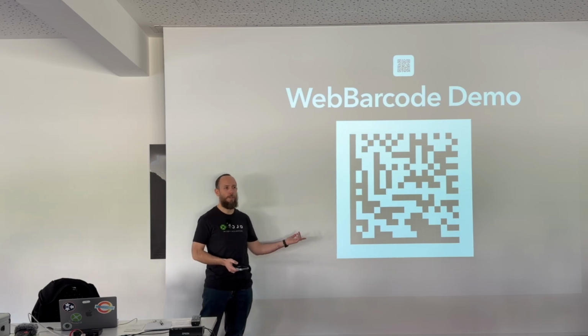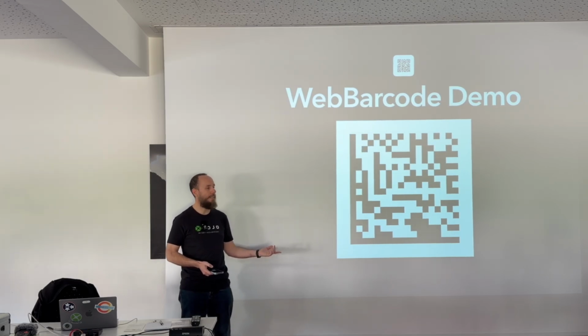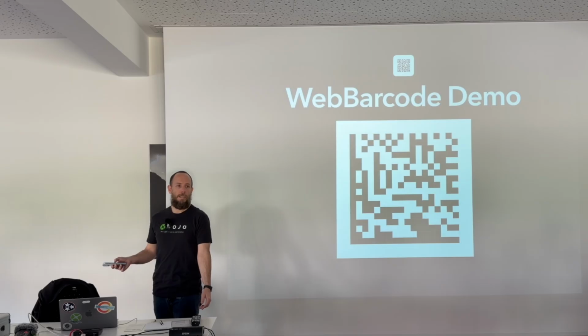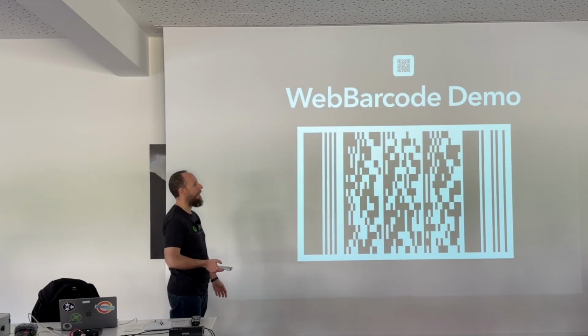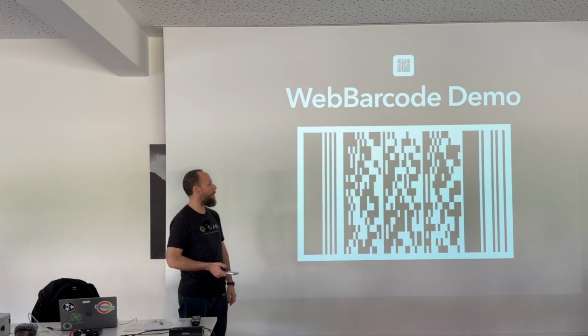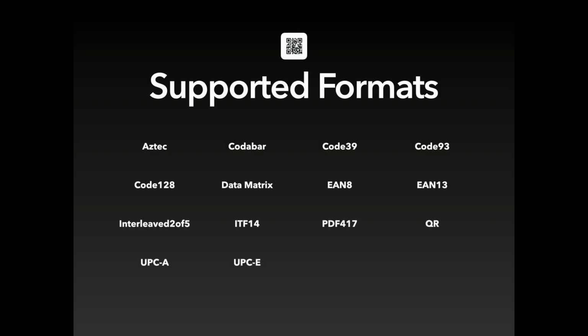I find this one a little bit slower than the PDF417 barcode style. Yeah, we support a lot of formats. We are using the same library that Christian is using on his plugins, but this is a JavaScript port for web browsers.